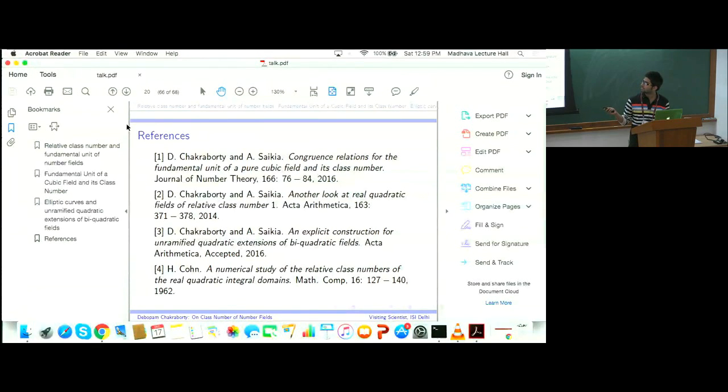Most of the results relating to these used continued fractions, like Mollin's paper, because the fundamental unit can be explicitly constructed from continued fractions. So there are also results other than 1.